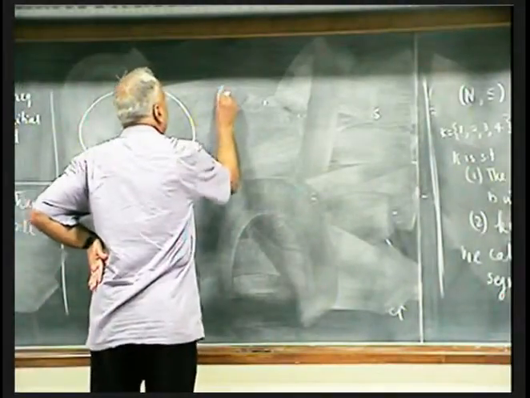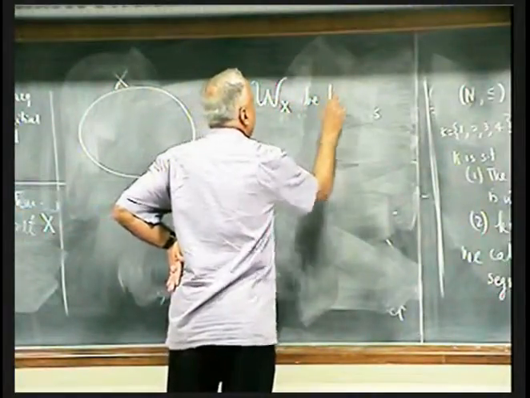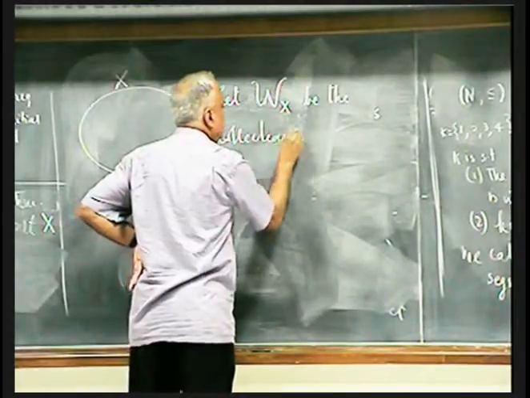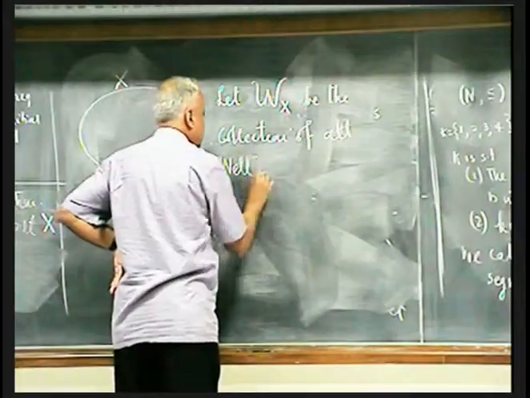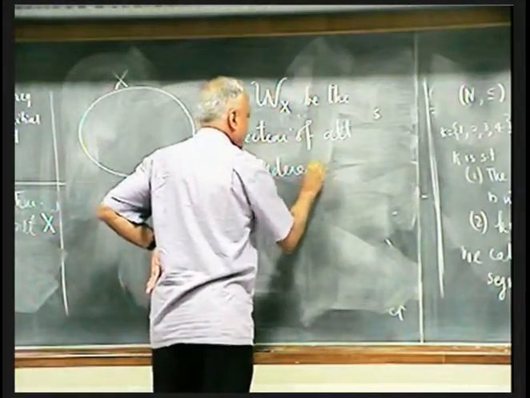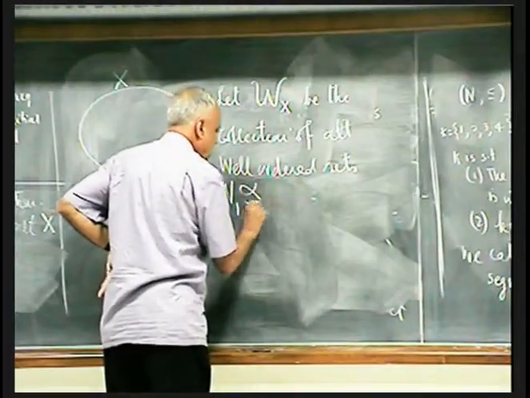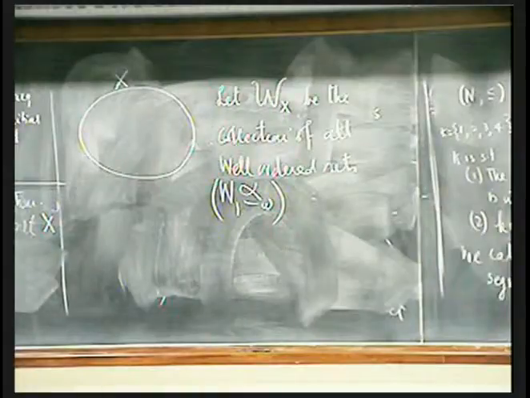So what we are going to do is let Wx be the collection of all well-ordered sets W, where the carrier set W is part of X. The well ordering may depend on the set W I have taken.